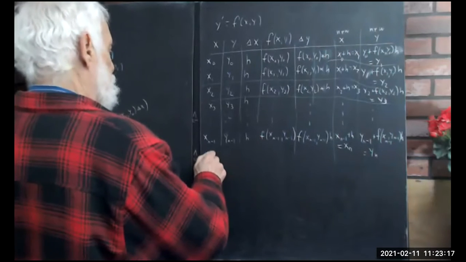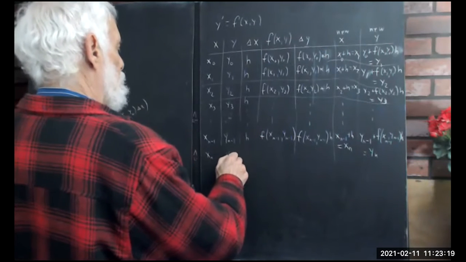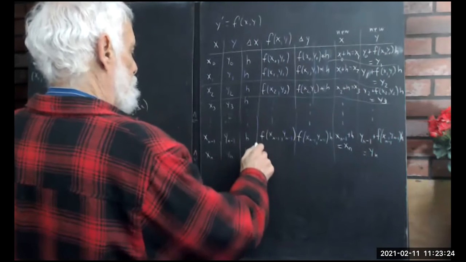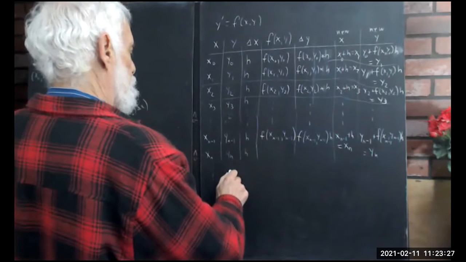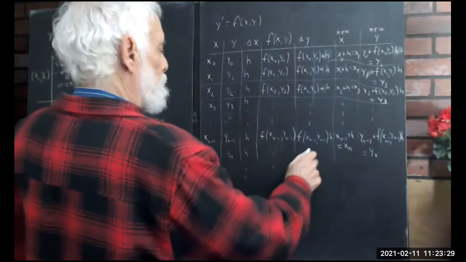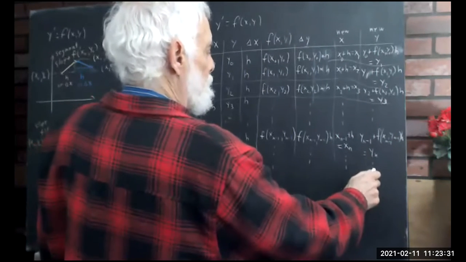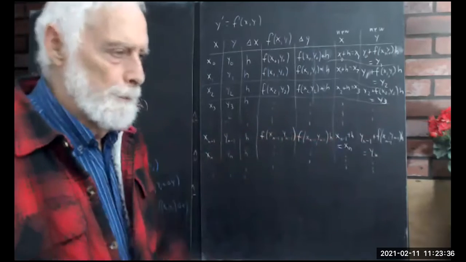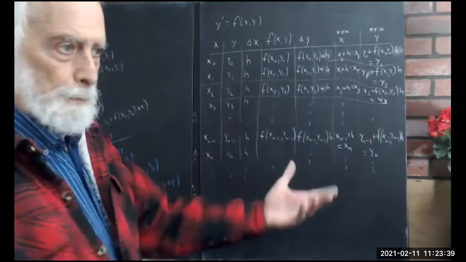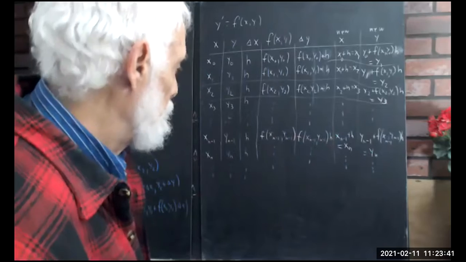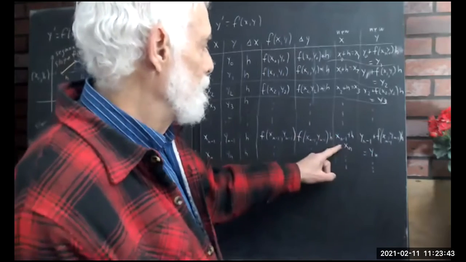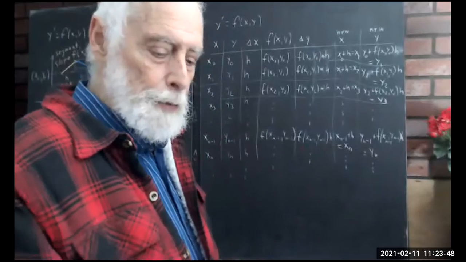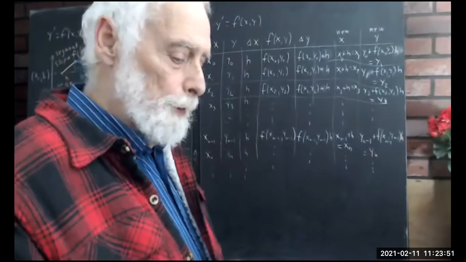So now I have x sub n, y sub n, and I've still got h here. This can be extended as far as we want. And right here is a formula for the nth step. The formula consists mainly of this, which is obvious, and this. Those are the essential parts of the formula.